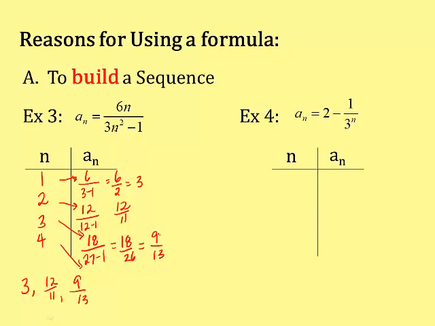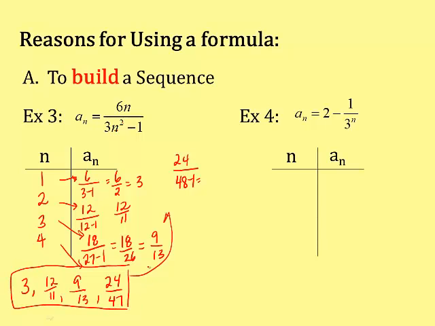And 4, I'm running out of space, so I'm going to do 4 up here. So 4 times 6 is 24, 4 squared is 16, times 3 is 48, minus 1 is 47. So my last term would then be 24 over 47. Okay, and yes, you'll have your calculators, and you want to use reduced fractions, not decimals, as you do this.